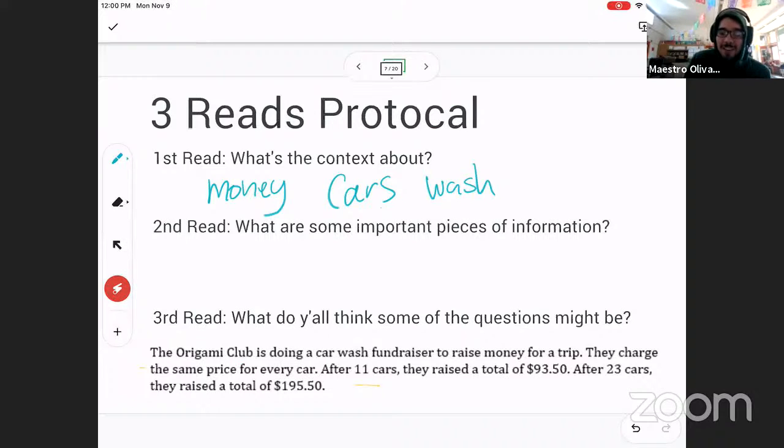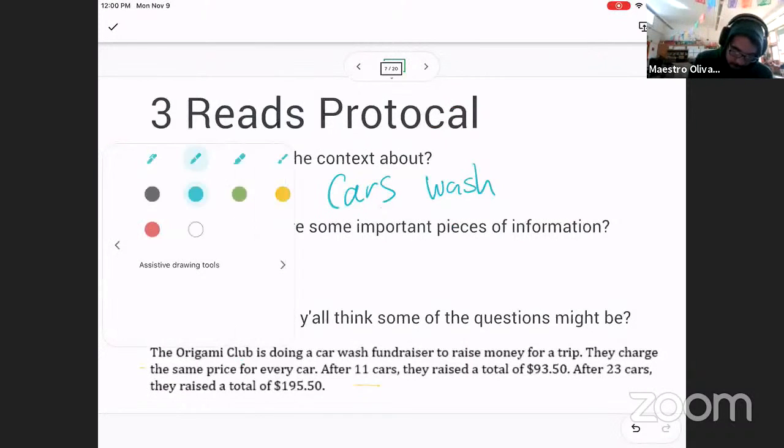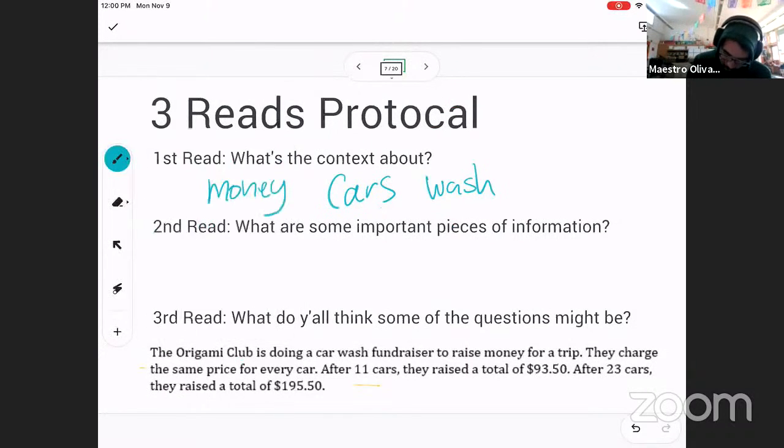Yeah, Maria Jose. There's 11 cars, and how much does it cost for 11 cars? $93.50.